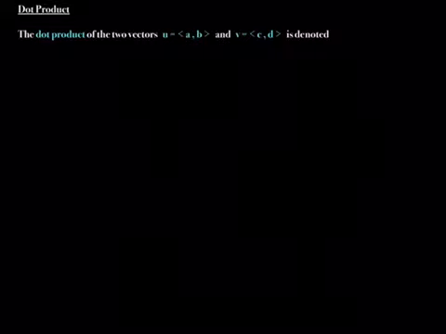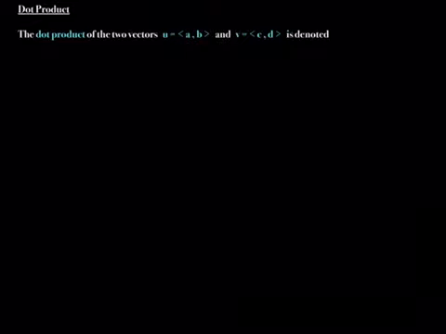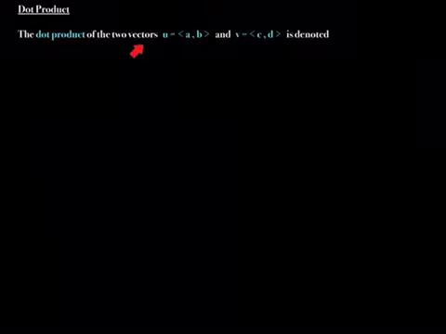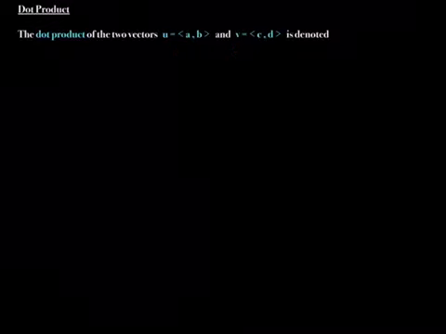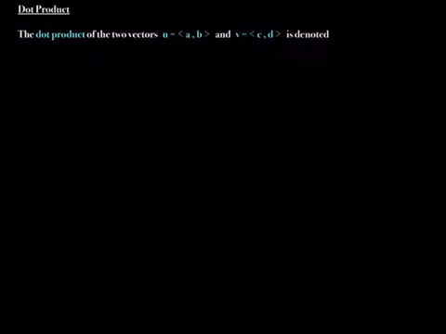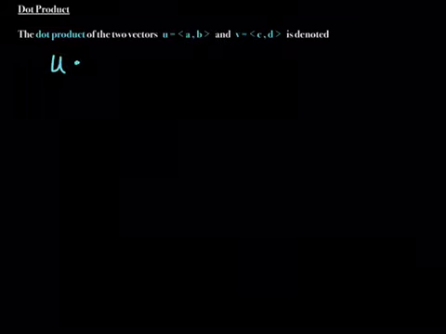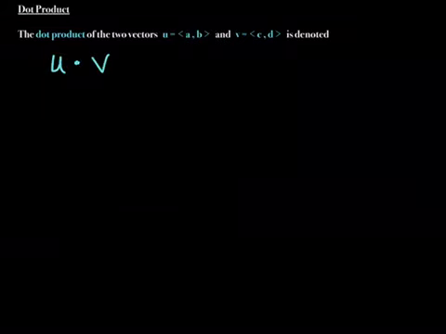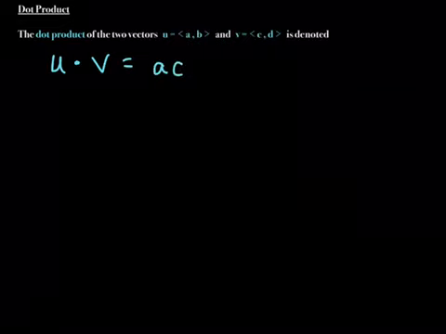Now, to wrap this section up, we want to talk about the dot product between two vectors. This is really important. The dot product of two vectors, u and v, where u is defined as a comma b and v is defined as c comma d, is written u dot v. This is not multiplication, and it's defined to be a times c plus b times d.